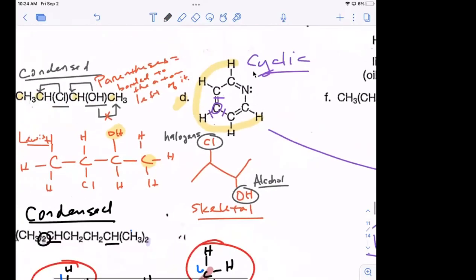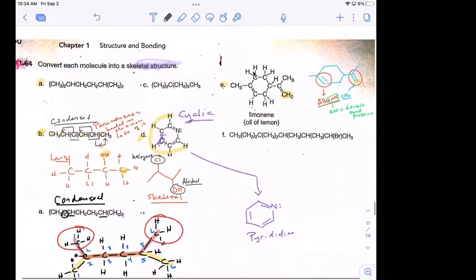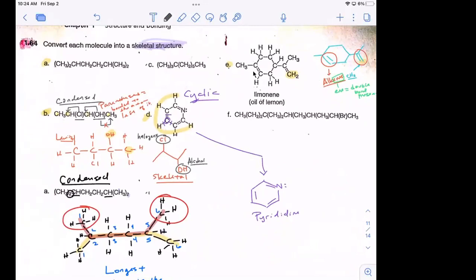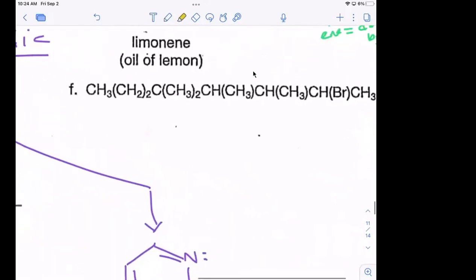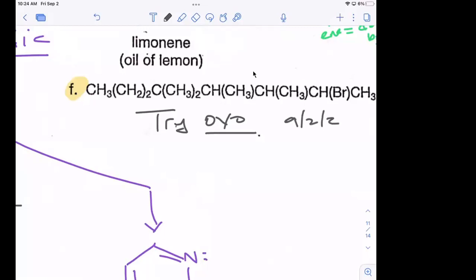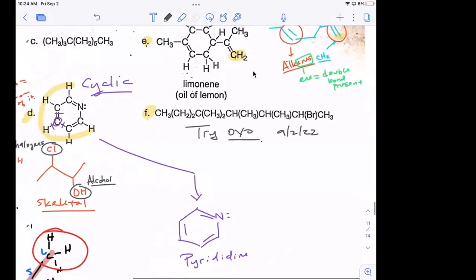All right. Any other questions about this, about skeletal and line? I want you to try this one on your own. If you get stuck, you can bring it up on Wednesday. Questions about that, about anything?